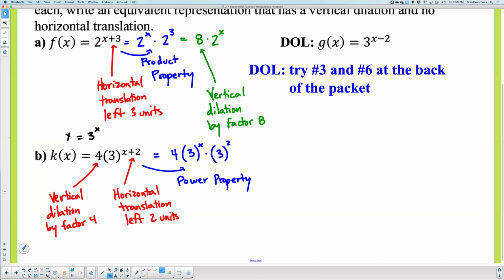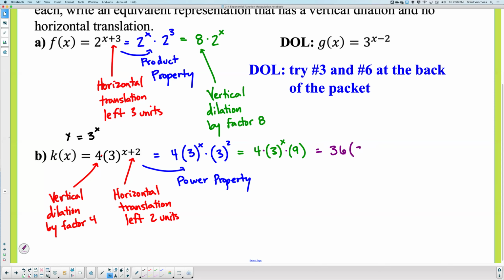Now I'll go to simplify. I will have a 4 times a 3 to the power of x times what's 3 squared? Times a 9. And I would actually just rewrite this one more time. The 4 can multiply with the 9. What's 4 times 9? 36.